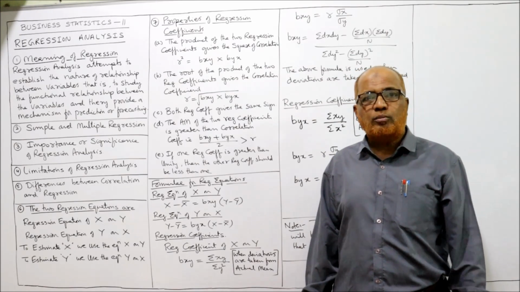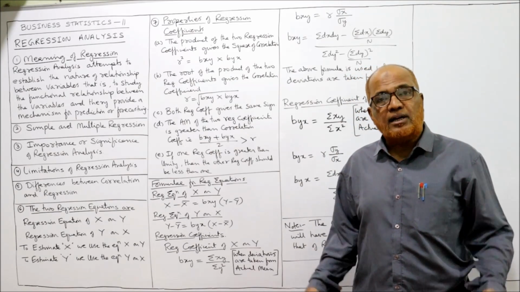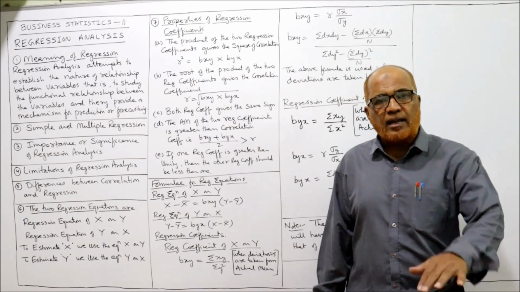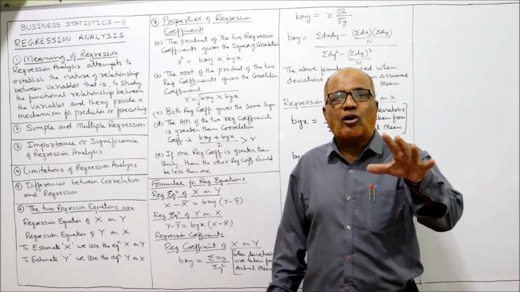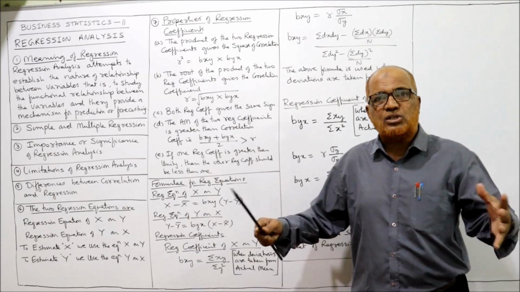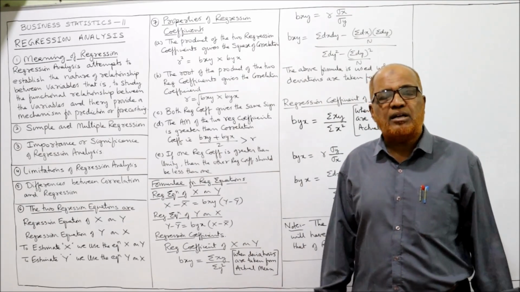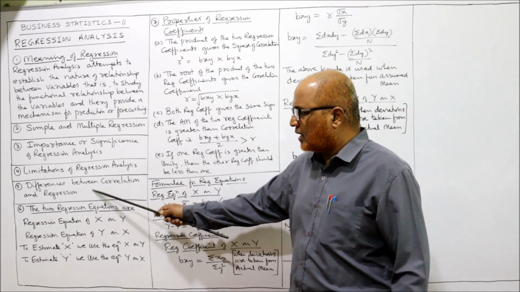So we cannot assume that this linear relationship will remain the same always. That is also one of the limitations. Another limitation is that due to dynamic conditions, we cannot rely on regression analysis because changes in the environment and in the variables may occur. So these are some of the limitations of regression.